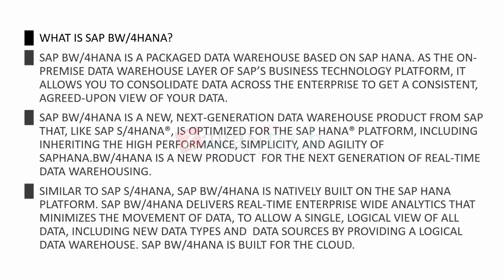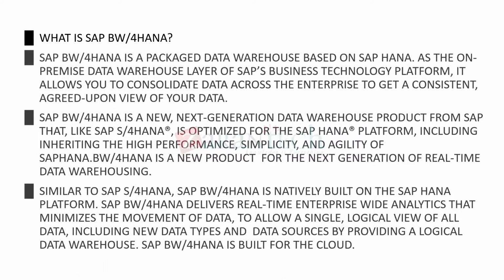Now with HANA, the idea of SAP was also to bring simplification to the tools in the market. For instance, with S4 HANA, S stands for simple. SAP was bringing simplicity to the fourth generation of SAP R3, which is S4, and it's based on the HANA database.